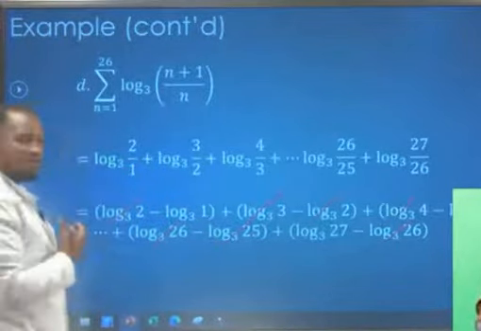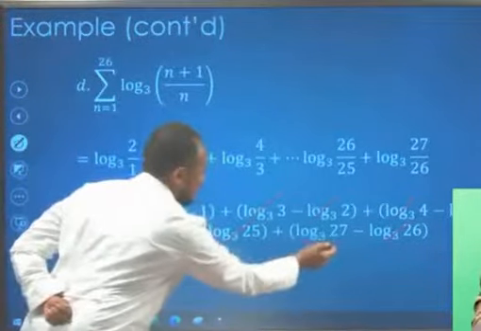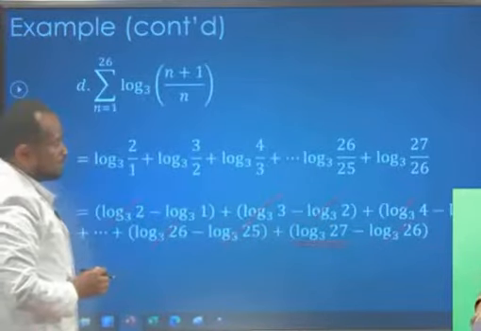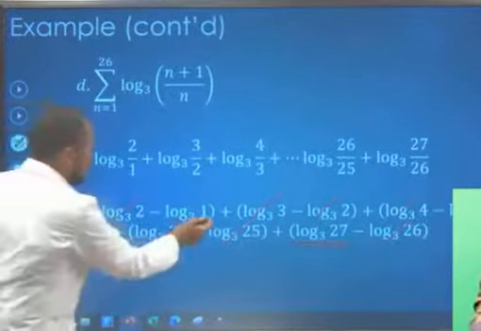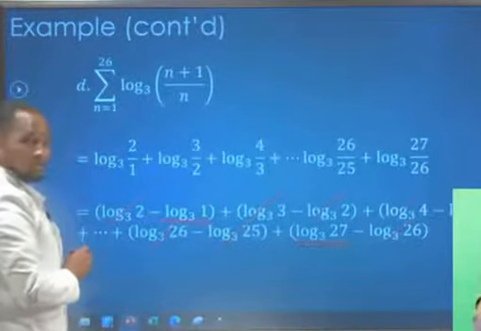The remaining terms are the last term: we don't have a term that cancels the logarithm of 27 in base 3, and we don't have a term that cancels the logarithm of 1 either. So the remaining terms are these two.